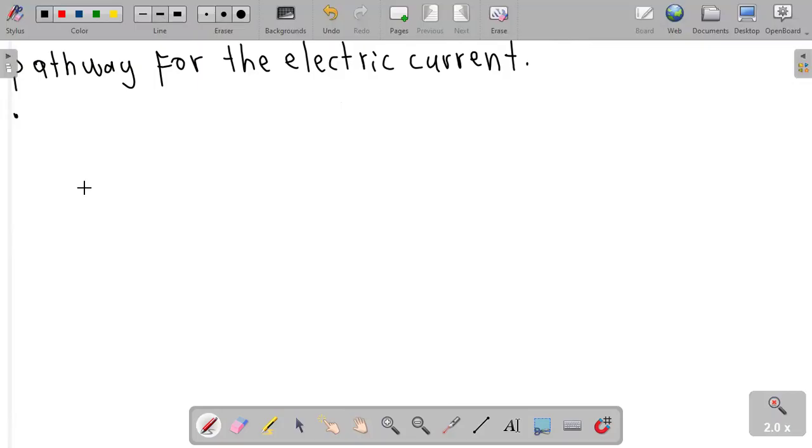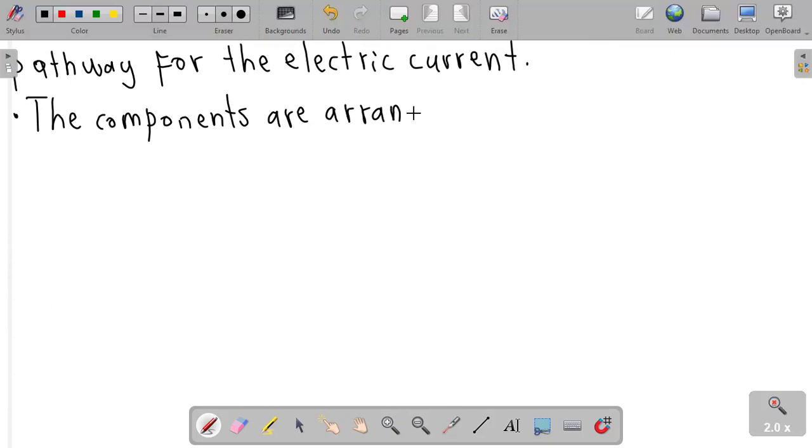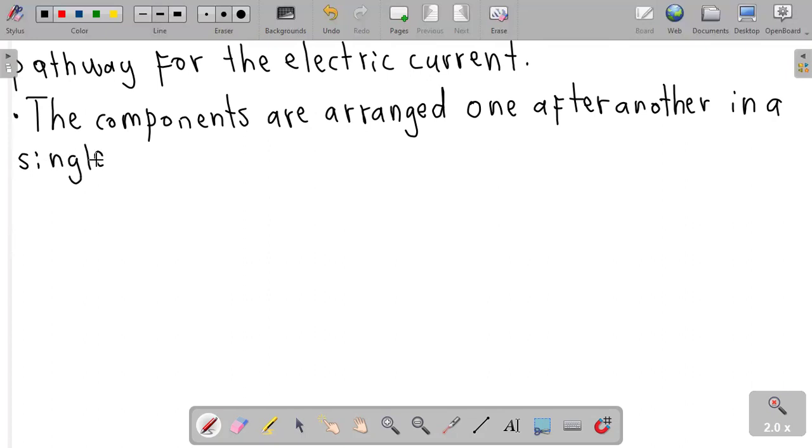So another important thing to know: the components are arranged one after another in a single pathway.